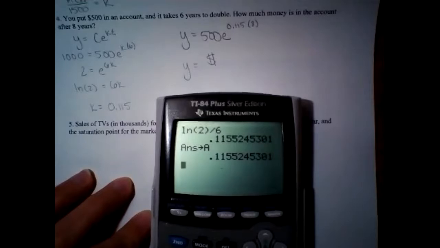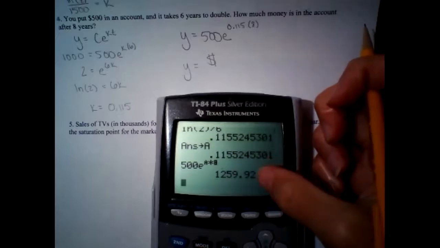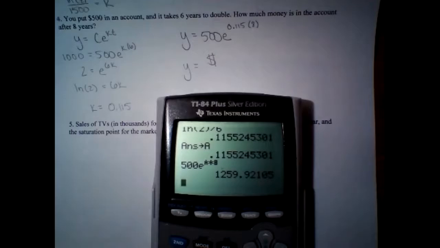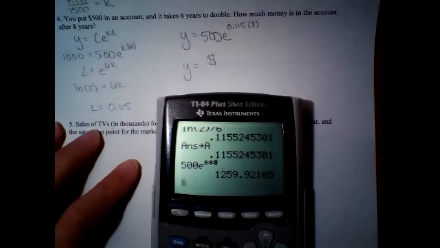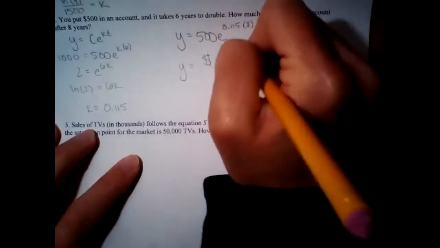And we're going to type in 500 e to the power alpha A for the stored value times 8. And there's our money. Now for money, I guess if you want to do 2 decimal points, you can. I'm just always going to put 3 just to be consistent. So $1,259.921.